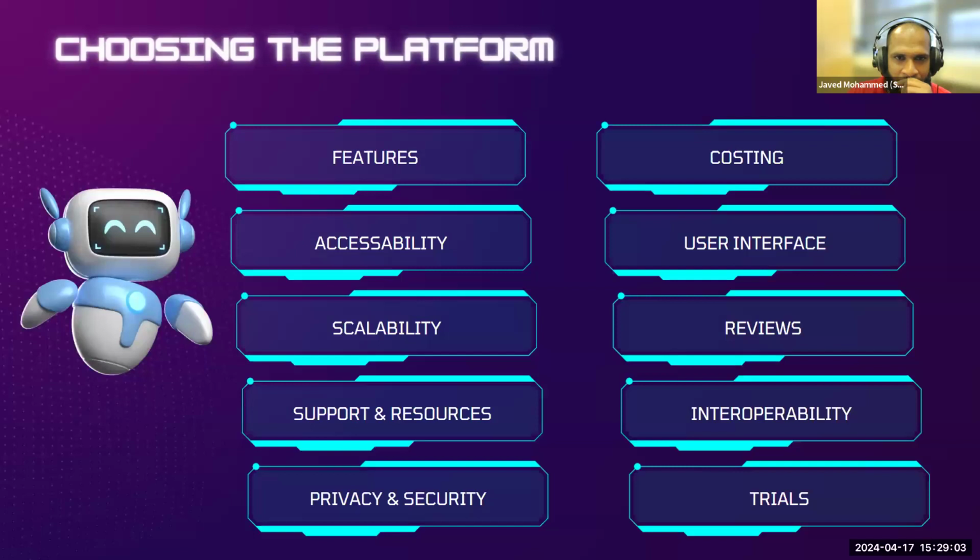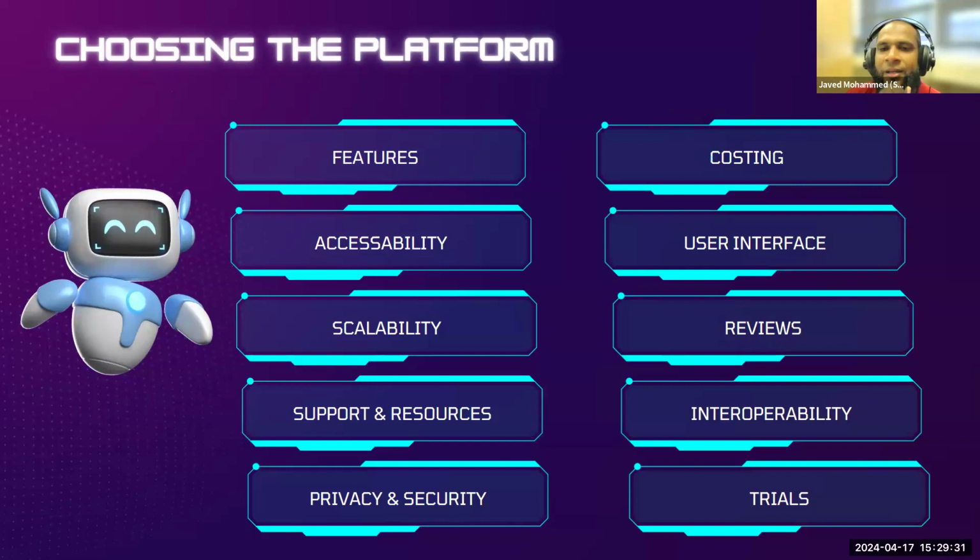So let me move on to choosing a platform. Now, listen, so many considerations. I've only put 10 here, and this is still a lot. But these are some of the things you want to consider. Some of the ones that I would say are of high priority is that first one, their features.